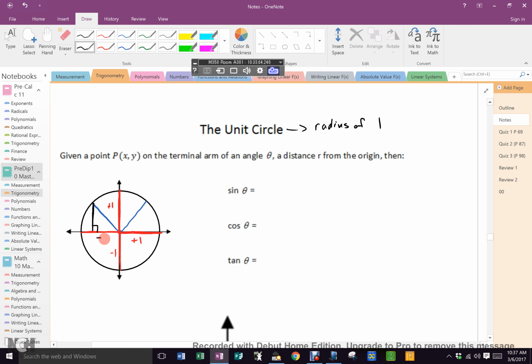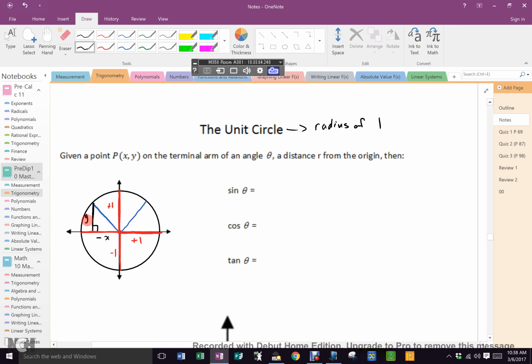So if you don't know how far I went, what do you have to use in math? A variable. What variable would I use there? x, Max. Why would I use x? Because I'm on the x-axis. So this is negative x, yes? Everybody cool? Okay. How far did I go this way? Y. Positive y.